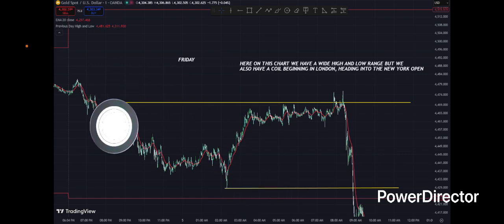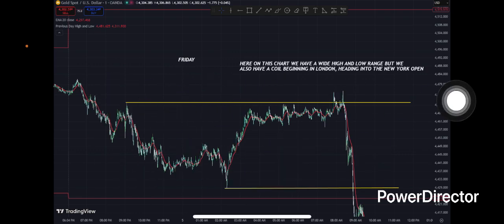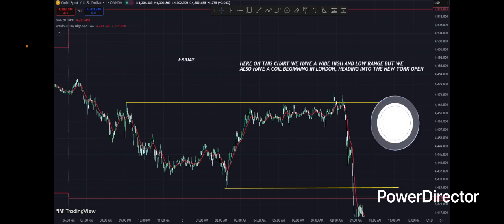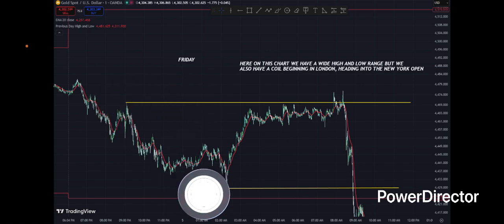If this market is super choppy and it's all over the place and you really have a hard time identifying which high and which low you should be using, I don't even worry about it, right? I want this thing to be clear, very clean, all right? You understand what I'm saying? That's how I know that I'm looking at this high and this low.